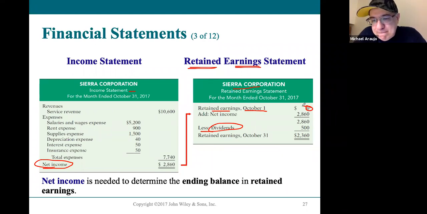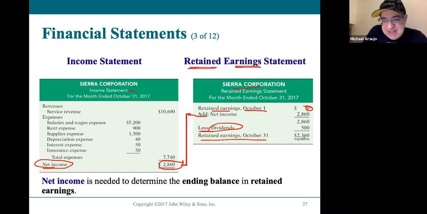We're adding the profit, the net income, to the retained earnings. We subtract out the portion of those profits that was shared with the owners in the form of a dividend. The ending balance is the amount of the profit that's been retained or kept in the company for reinvestment.